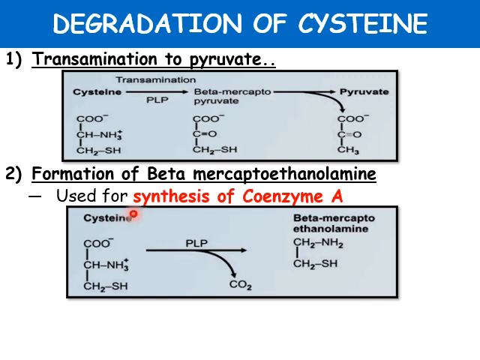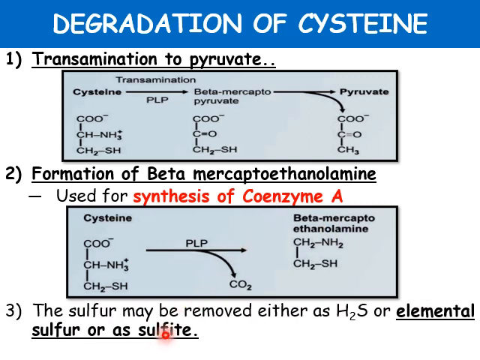Second, formation of beta mercaptoethanolamine, that is essential for the synthesis of coenzyme A. By the decarboxylation reaction of cysteine, it forms beta mercaptoethanolamine, and this beta mercaptoethanolamine is essential for coenzyme A synthesis. The sulfur present in the cysteine may be removed either as H2S, the hydrogen sulfide, or elemental sulfur, or as a sulfide, and the remaining carbon skeleton is utilized for the synthesis of other products.